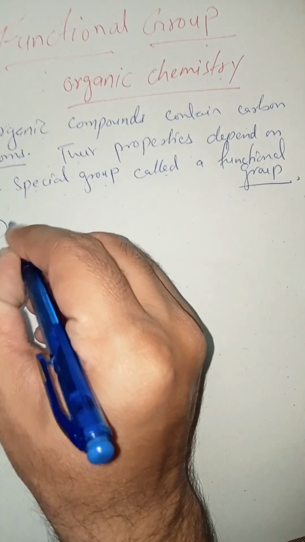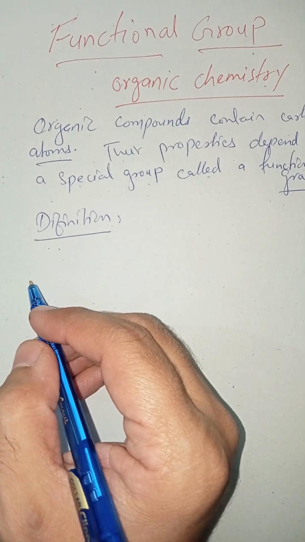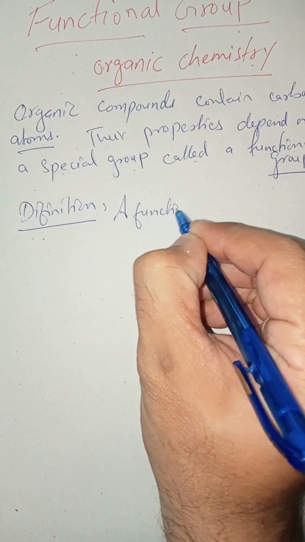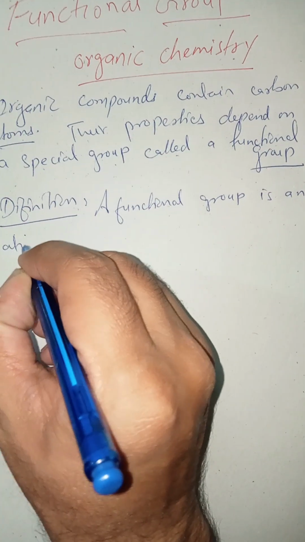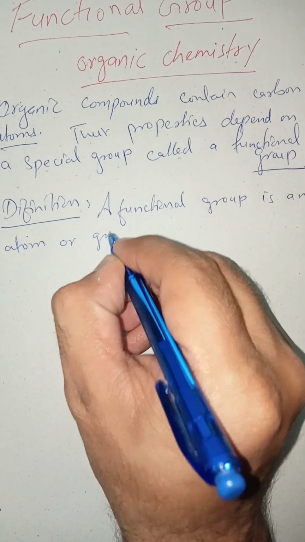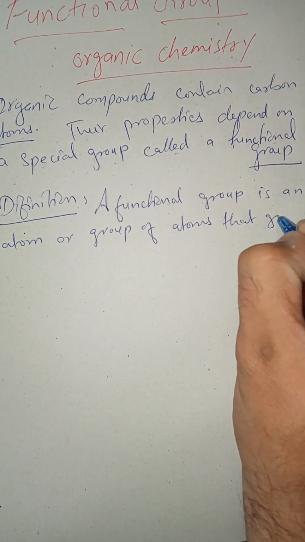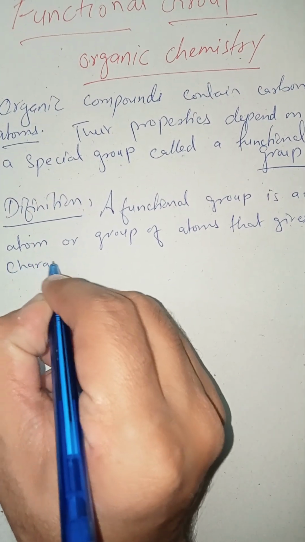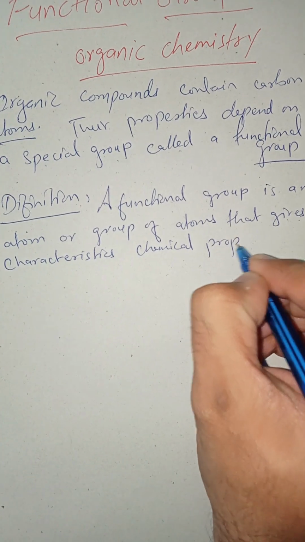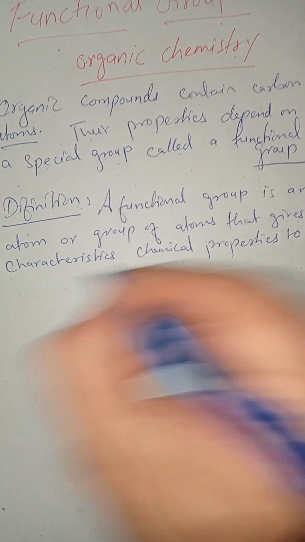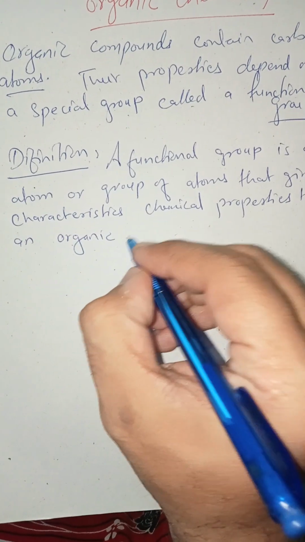Or we can say, if we write only the definition of the functional group: a functional group is an atom, or we can say a group of atoms, that gives the characteristic chemical properties to an organic compound.